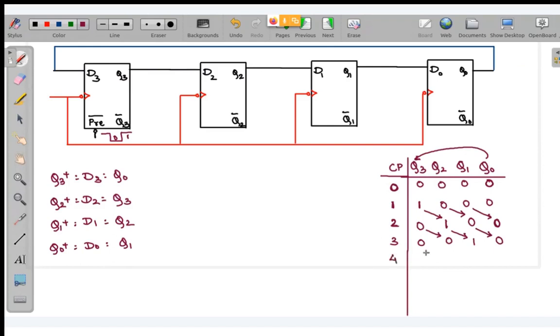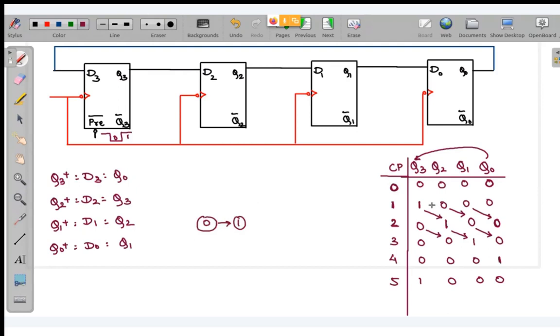So at the fourth clock pulse, this will become 0, 0, 0, 1. Again at the fifth clock pulse, this will become 1, 0, 0, 0. So you can see what I am getting: a repeated state. We started from 0, 0, 0, 0, which was your unused state.